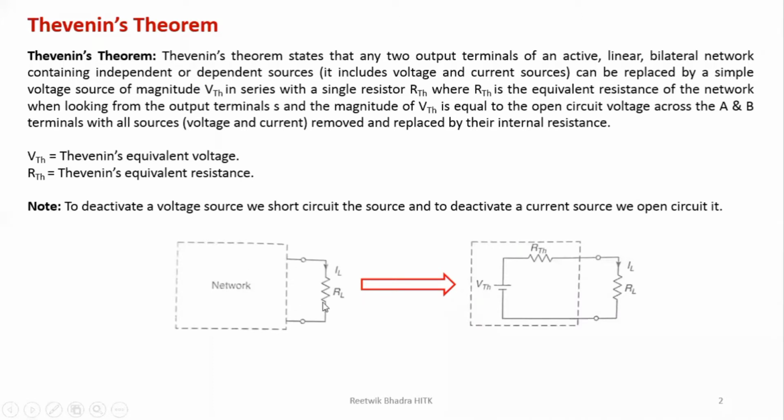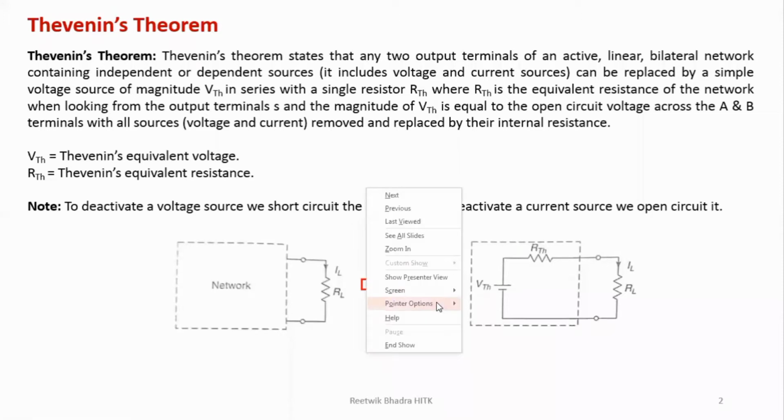Apart from the load resistance through which I am told to find the current, the rest of the circuit which is present in this dotted line, it may have any number of resistances, voltage sources, current sources, whatever, is made into one simple circuit consisting of one single voltage source and one single resistance.